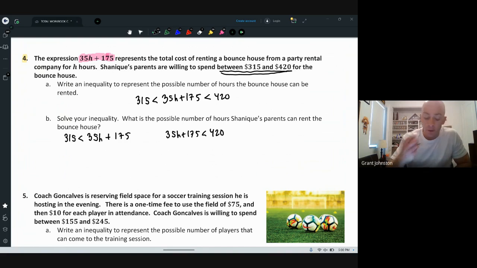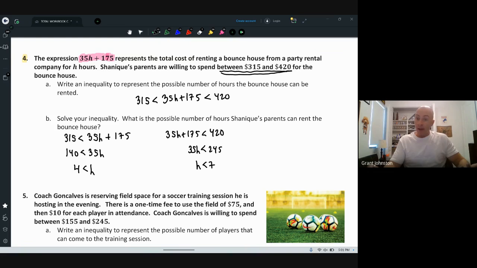So I'll solve the one on the left first. Subtract 175, 315 minus 175 is 140, divide by 35, 4. On the right inequality, subtract the 175, I got 245, and then divide by 35, I got 7.